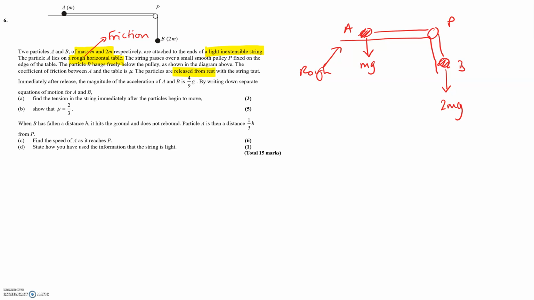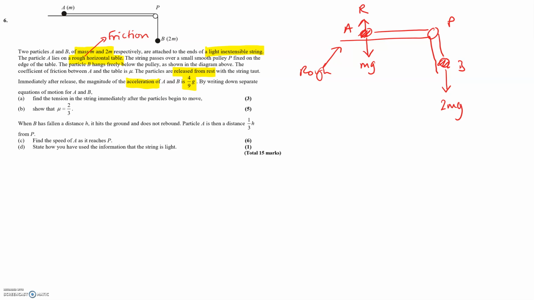Now we're told immediately after release the acceleration is 4/9 g. So it says, writing down separate equations for A and B, find the tension in the string immediately after they begin to move. So there's a couple more forces that I can add to the diagram. There's going to be a reaction force on A between the particle and the table.